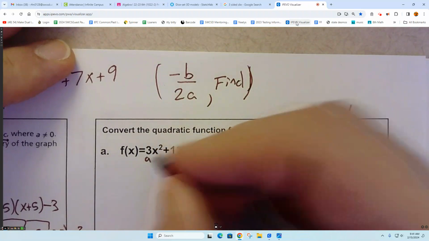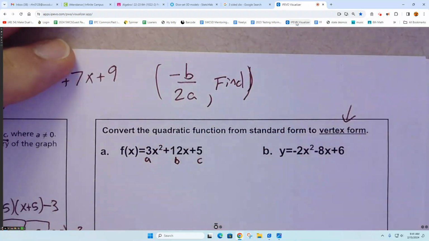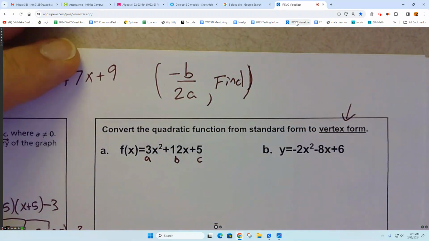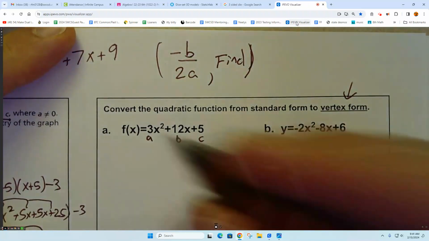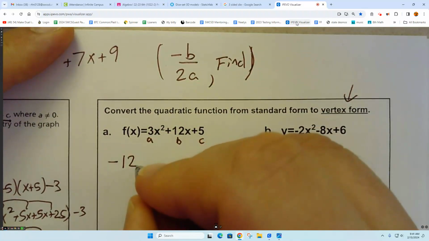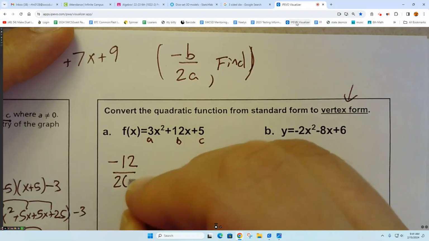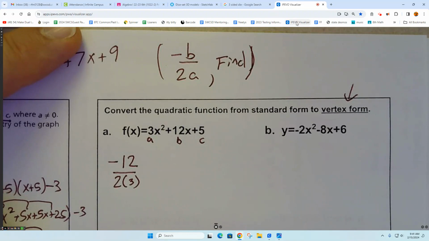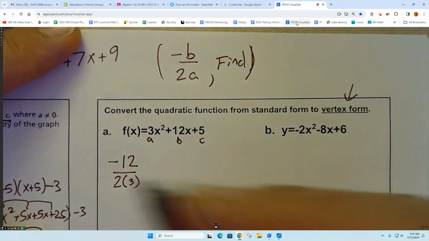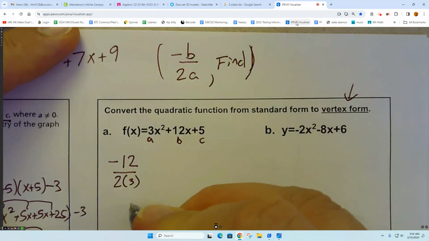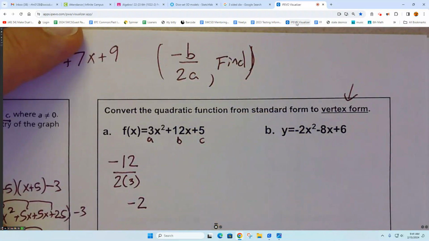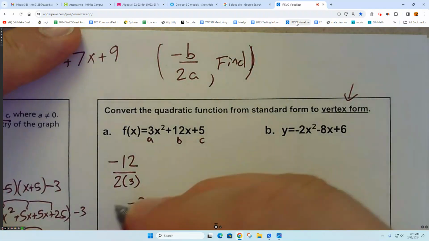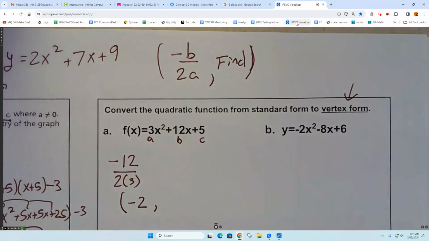The 3 is my A. 12 is B. 5 is C. -b over 2a, or -12 over 2 times 3. 2 times 3 is 6, -12 divided by 6 is -2. So that's the first part of my vertex.